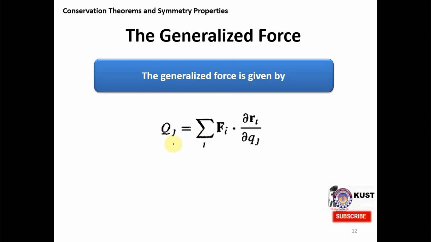This F is a usual force, but this Q is a generalized force. And we will see that we will have a generalized momentum and generalized angular momentum as well, and these will be conserved rather than the simple quantities because of these constraints present in the system.